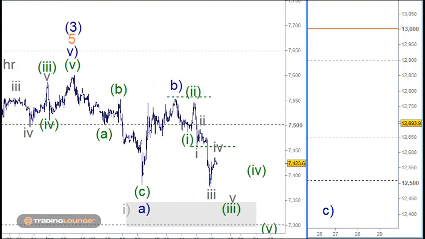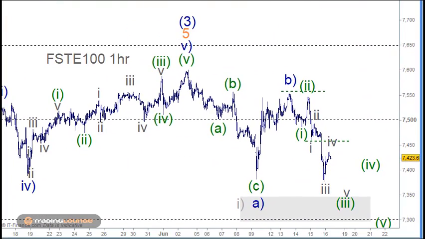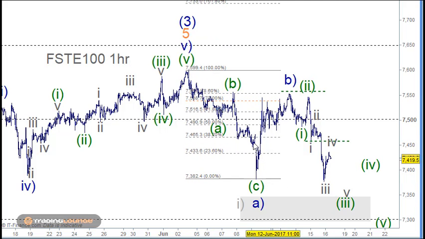And if I can bring the FTSE along over here, then the FTSE is doing much the same thing as well. On this market here, I noted that we actually had 3 waves down here, and on the cash market we had 5 waves coming down through here. The market pulled back up probably above 61.8% here, but that's sort of okay too.